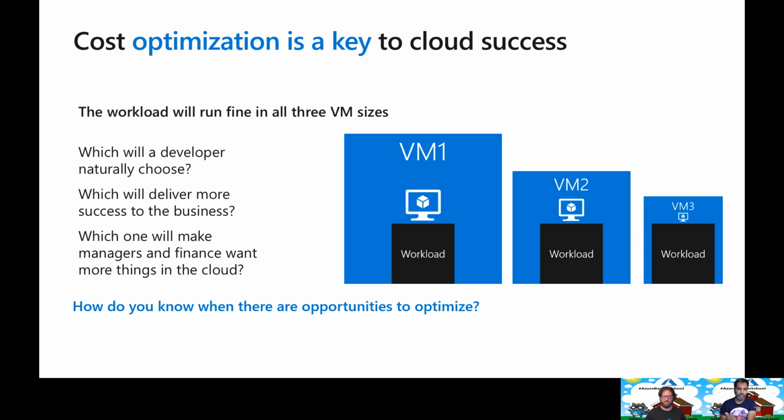So the first thing is a great example from a developer standpoint. They take VM1, which is a huge VM, and then they take VM2 and 3, which are smaller VMs, and they combine them together to make VM1, right?